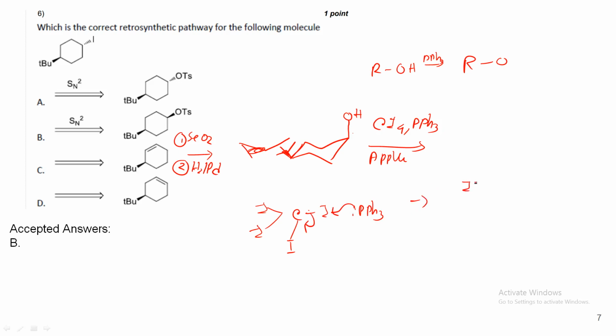So now we have this particular molecule. Here this OH can be deprotonated. How can it be deprotonated? Because we generate this in situ and it is basic in nature. So the alkoxide can be generated.